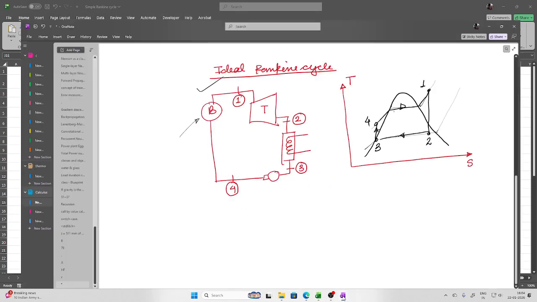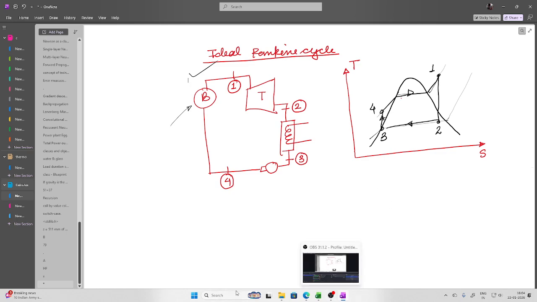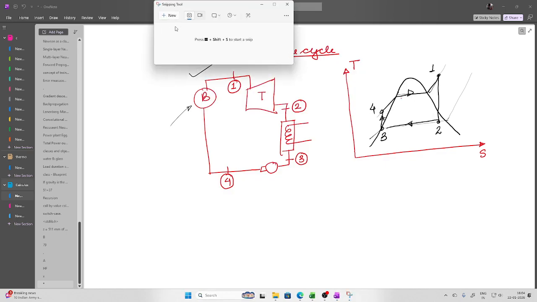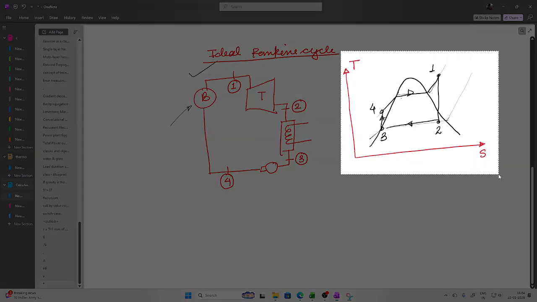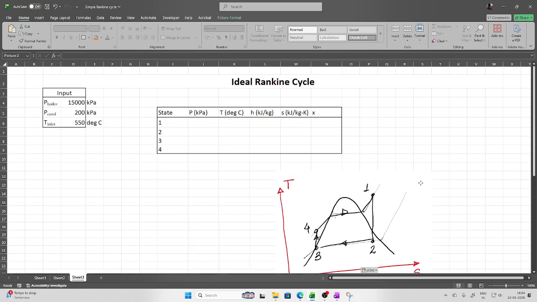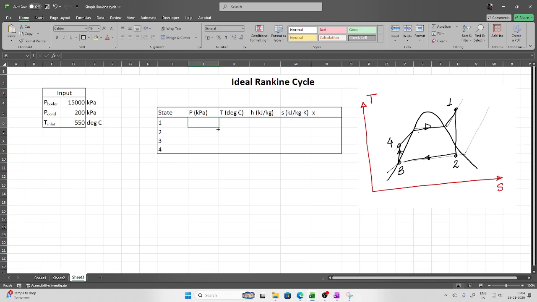So if you look at this state 1, then here, why not crop and bring this there. So if you look at this, state 1 is superheated vapor. So here also pressure is the boiler pressure, okay, and the temperature is basically the inlet temperature to the turbine, this one.